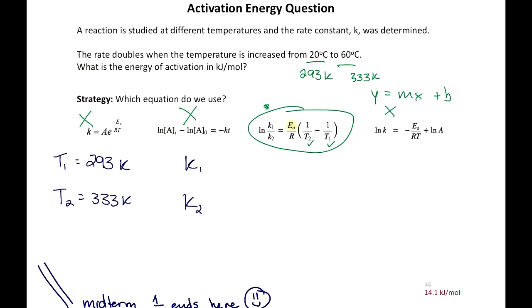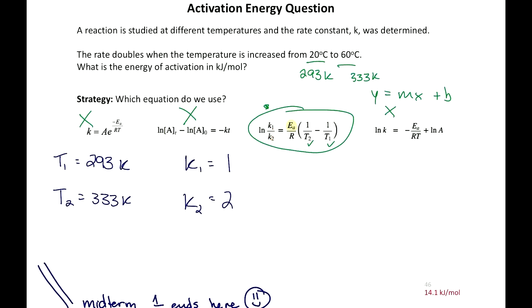Rate doubles. So just make up a number. Let's say K1, the rate constant at 293, is 1. What is the rate constant at T2? 2, yes, it is 2. Do the units really matter? Not really, because we're just going to divide them by one another anyway.